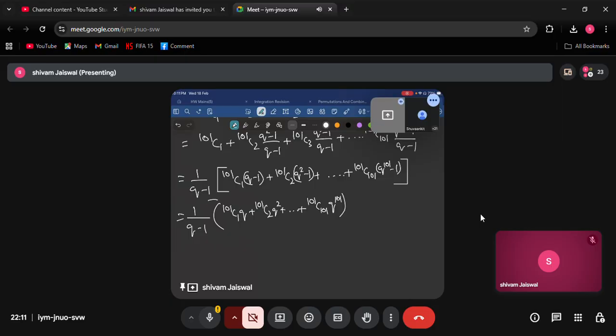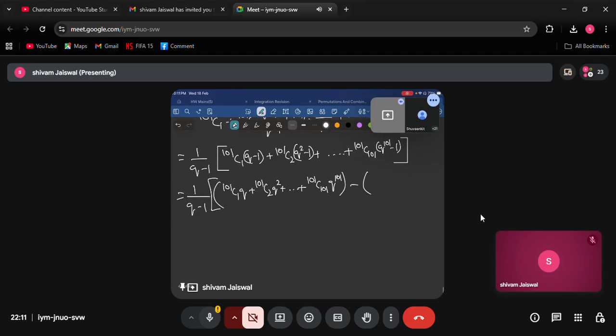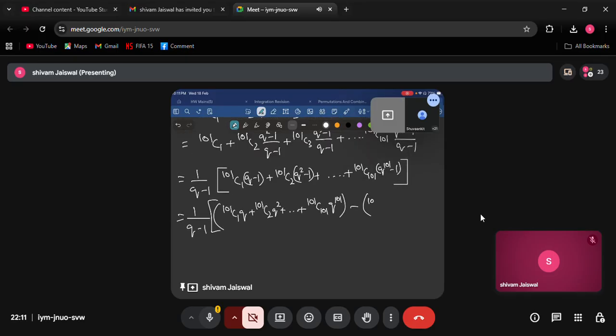Minus, in this bracket, we are going to get 101 C1 plus 101 C2 plus dot dot dot plus 101 C101. So Shavankit, quickly tell me what is the sum of the first series?